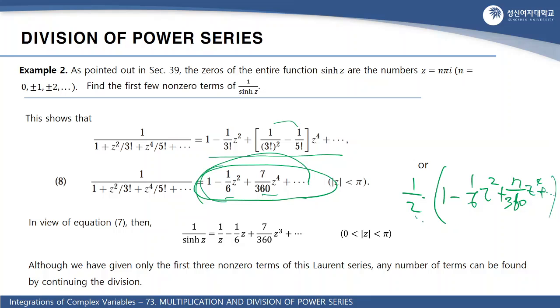Then we get 1 over z minus z over 6, plus 7 over 360 times z cubed, and so on. Here, although we have given only the first 3 non-zero terms of this Laurent series, any number of terms can be found by computing the division.